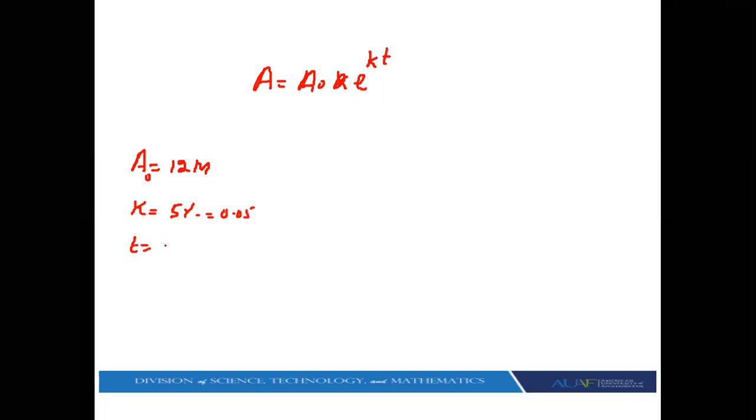Time is given, let's suppose, 20 years. So A is equal to 12 million multiply with e power 0.05 multiply with time, time is 20. So we have 12 multiply with e power 0.05 multiply with 20, which equals 1. It means 12 e power 1.